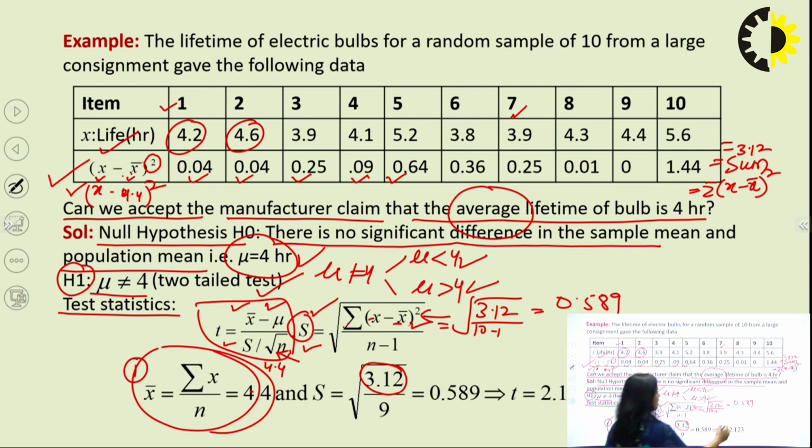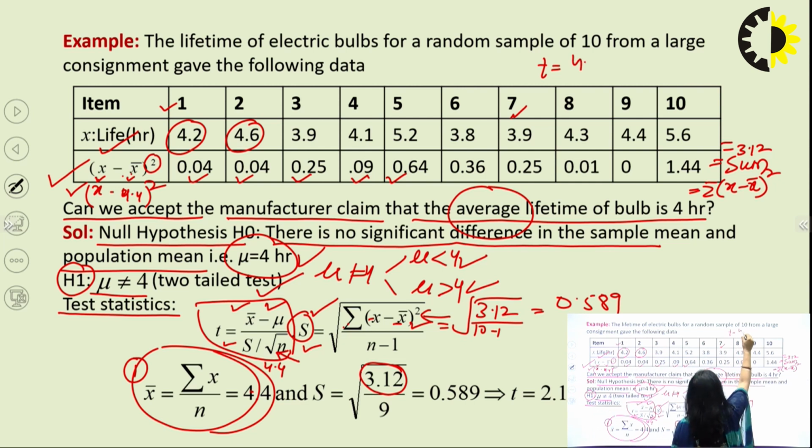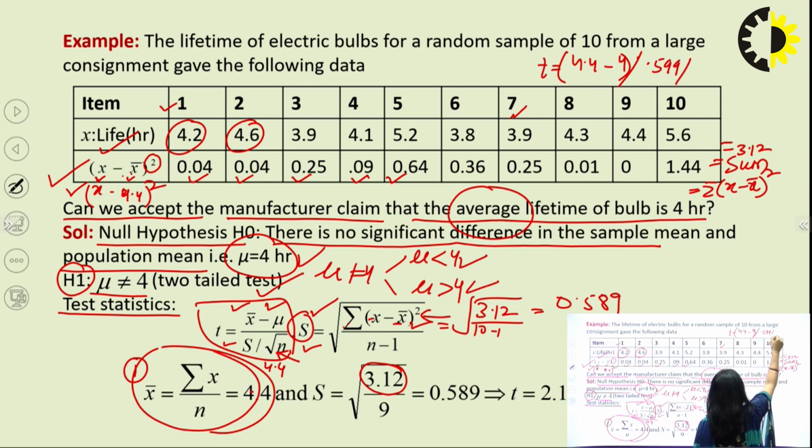So our t-test statistic will be, I can write it here, t will be equal to x bar. The mean of the sample was coming out as 4.4. So put 4.4 minus the population mean, which was 4, divided by capital S, which was 0.589, divided by root n, meaning root of 10.